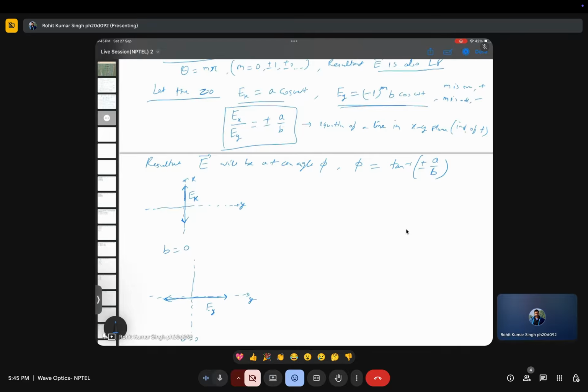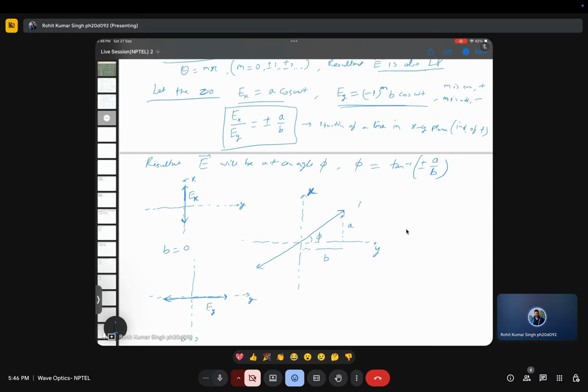And now their superimposition will lead to, so this is the x direction, this is the y direction, and their superimposed wave given by E will be a straight line, okay, making an angle phi from the y axis, okay, and this will be A and this will be your B, right?